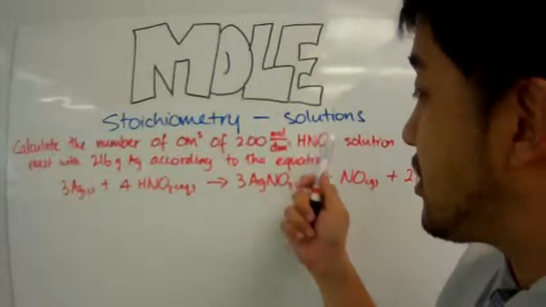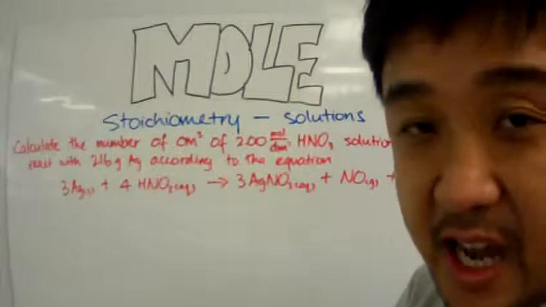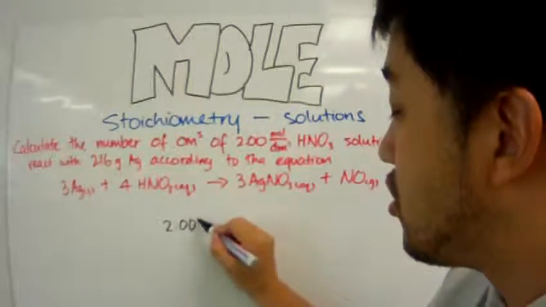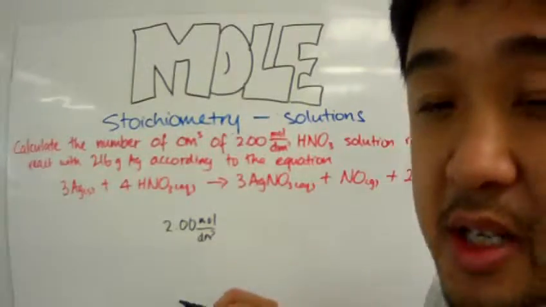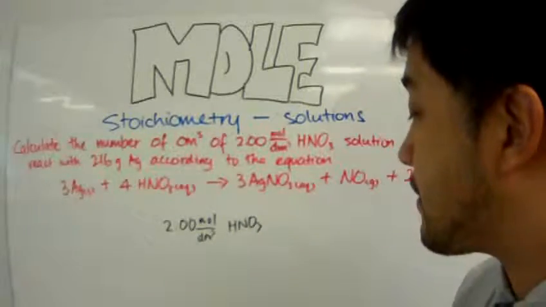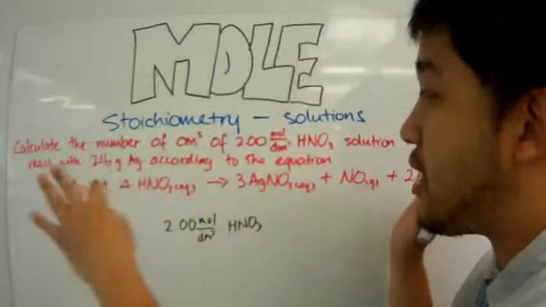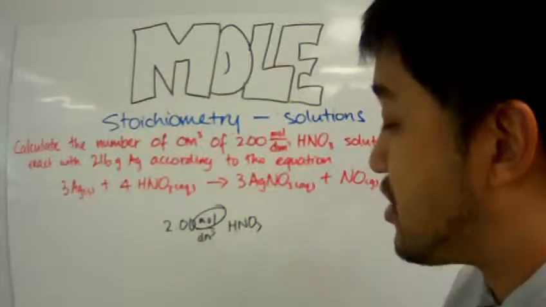But then comes the question, how should I tackle this question? Will I be able to take this information here and determine the moles of nitric acid? Let's try that. So 2 moles per cubic decimeter of nitric acid. What other values can I obtain from the question to determine the moles of nitric acid?